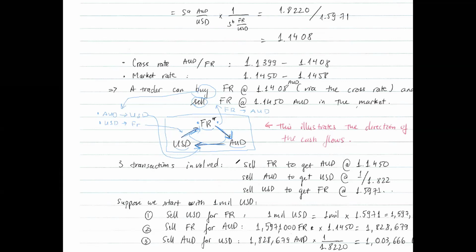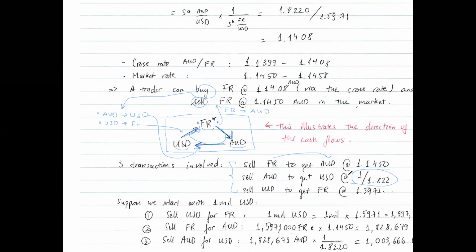So to summarize, in this strategy, I will have 3 transactions involved. Firstly, I'm going to sell the franc to get the Australian dollars at 1.1450. Second, I'm going to be selling the Australian dollars to acquire the USD at the second rate in the table.